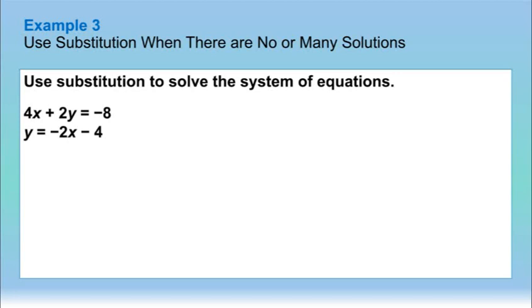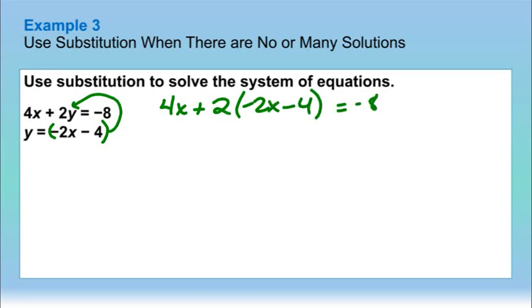Example 3, use substitution where there are no or many solutions. So again, I'm going to substitute this in for y. And now I'm left with 4x plus 2 times (negative 2x minus 4) equaling negative 8. I'm going to distribute. So we got 4x minus 8 equaling negative 8.